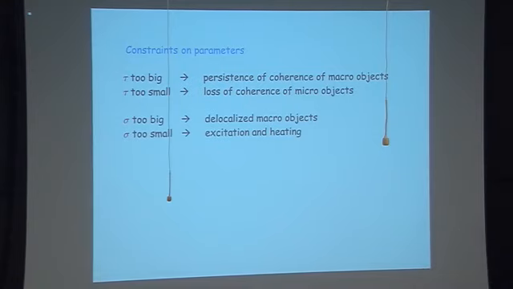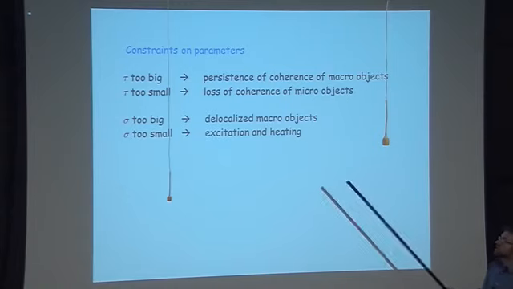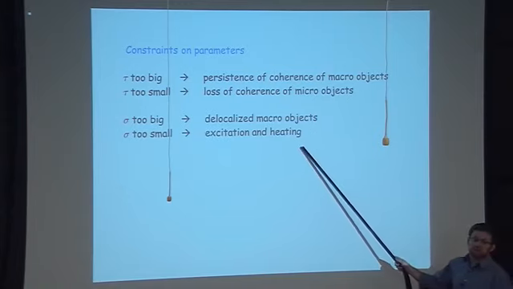So for example, atoms: the electron in an atom, if it got localized to a very small width, well, then that tends to increase the probability that the atom will ionize, and I should be able to see that. So if you make sigma very small, you're going to have more of these anomalous ionizations of matter and heating that you'd expect to be able to measure.